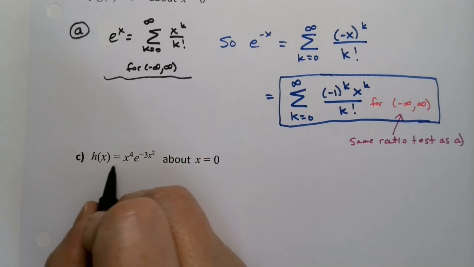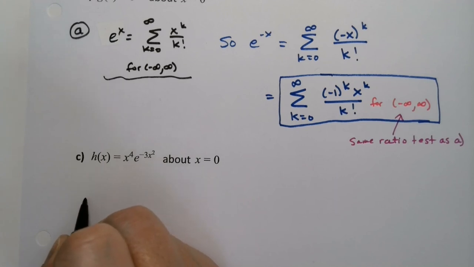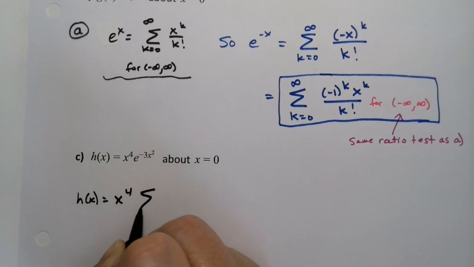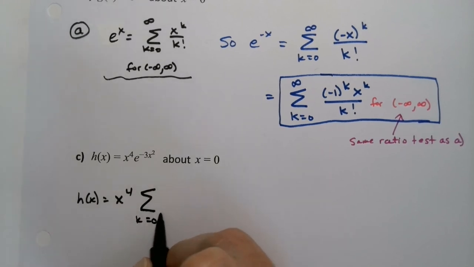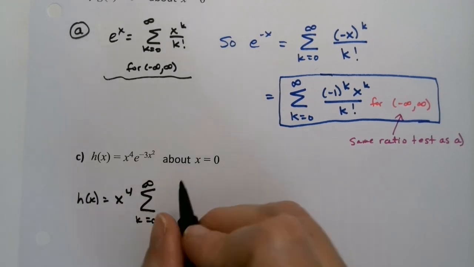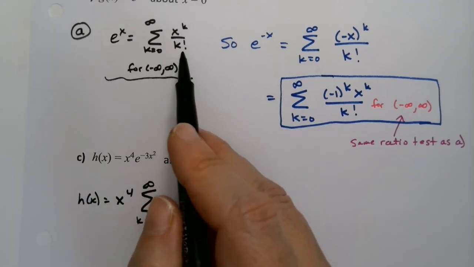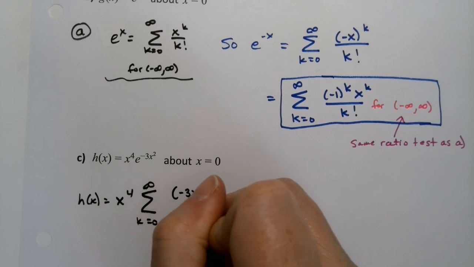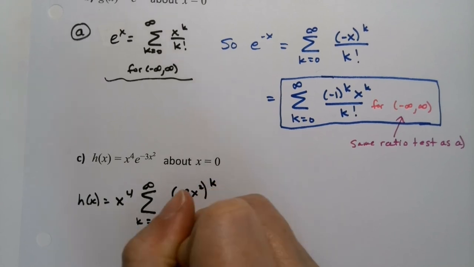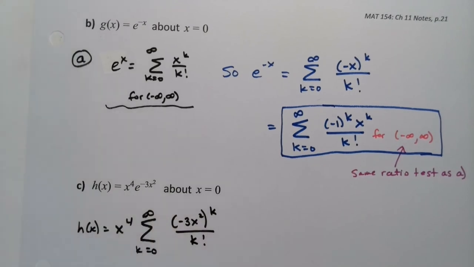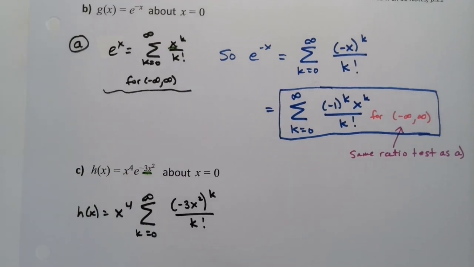So this is x to the 4th times the sum from 0 to infinity, and then instead of x to the k over k factorial, I would have negative 3x squared to the k over k factorial. Right? I'm substituting this value in for x, where it used to be just a regular x.